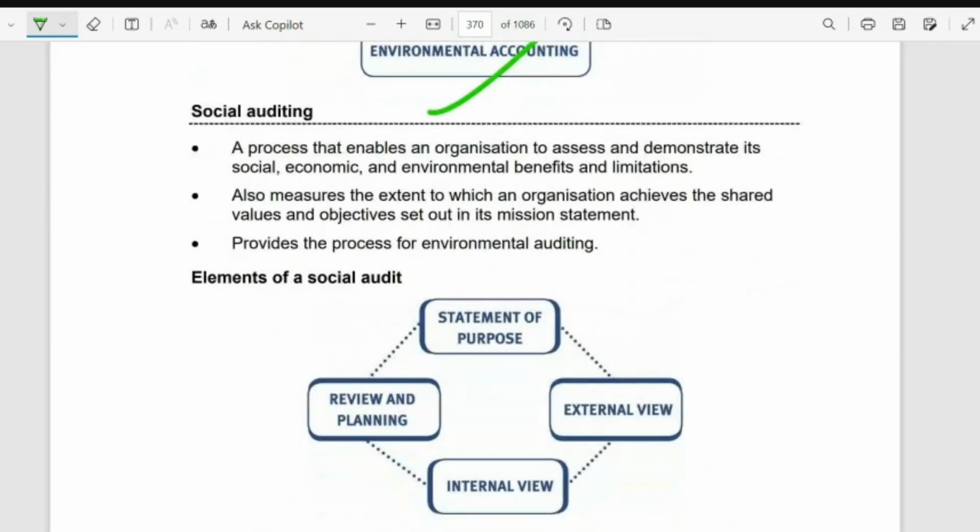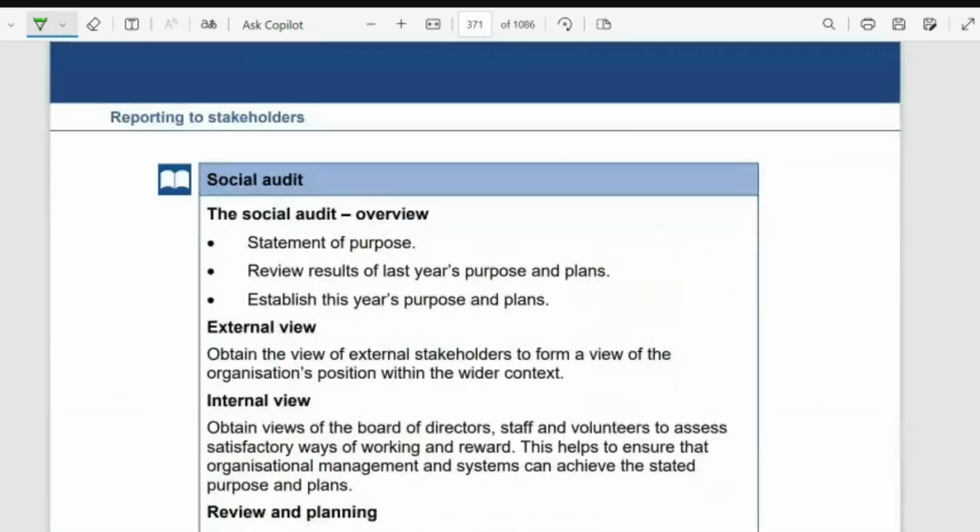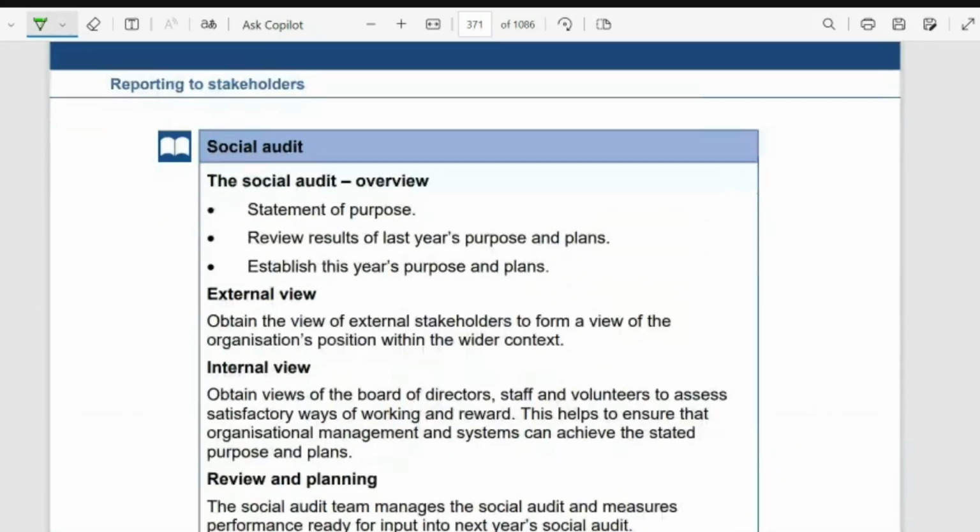The statement of purpose, external view, internal view, and reviewing and planning. Now again, the social audit and internal view, review and planning, they have discussed and explained further. This is the reading part.